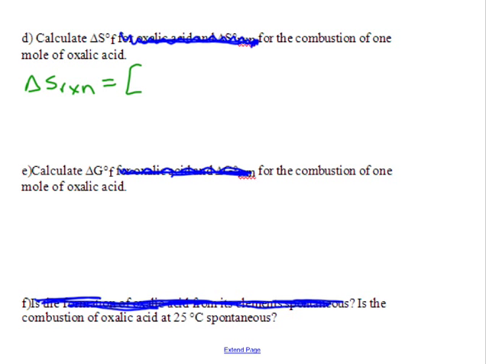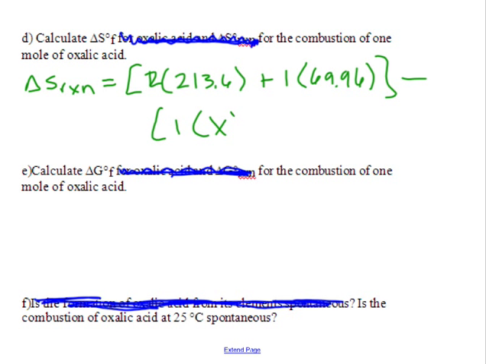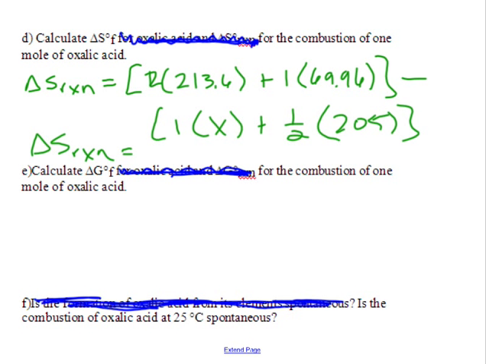So let's do CO2. Is that a coefficient of 1 or 2? 213.6 plus 1 times products minus 1 times X plus a half times. All right, what is our delta S? They got 275.